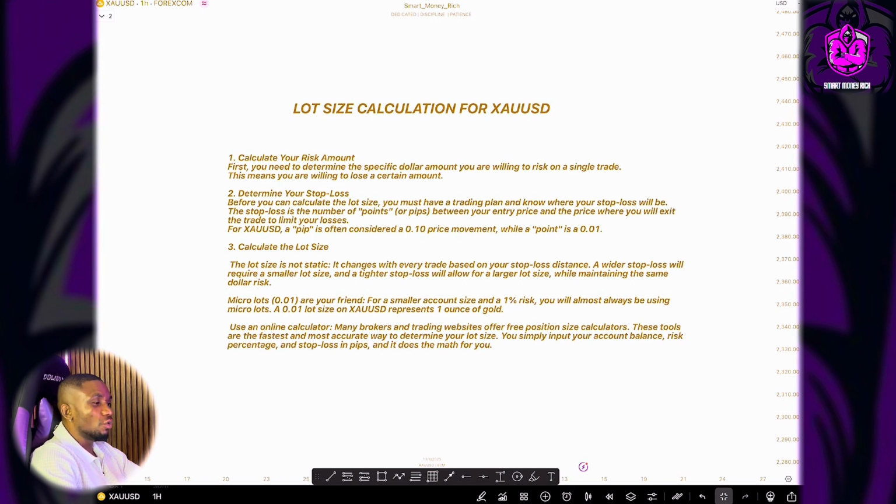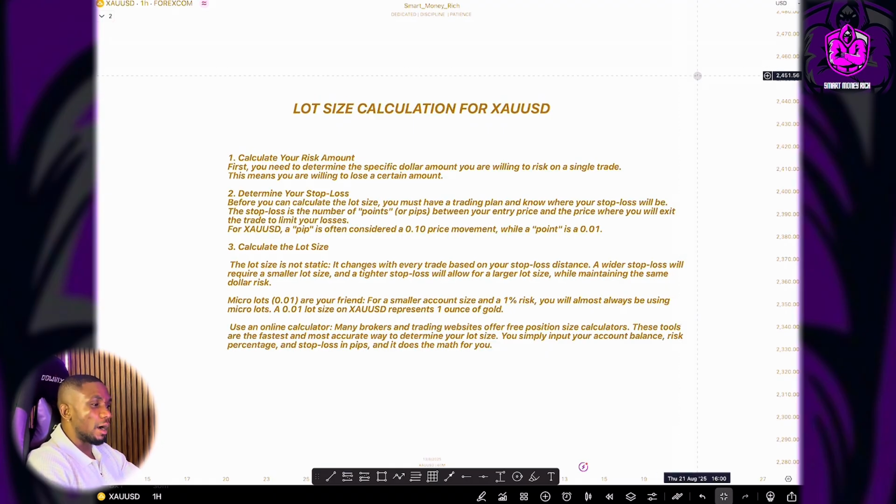Number one, calculate your risk amount, right? Let's say you have a certain amount in your account and you are willing to risk a certain amount out of the main account. You don't want to blow your account. Now you know how to calculate your pips, so what you do right now is calculate the risk amount. First, you need to determine the specific dollar amount you're willing to risk on every single trade.